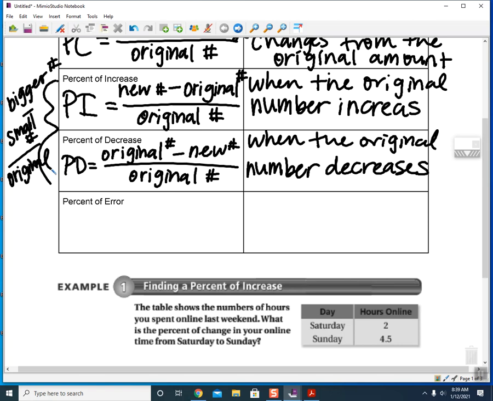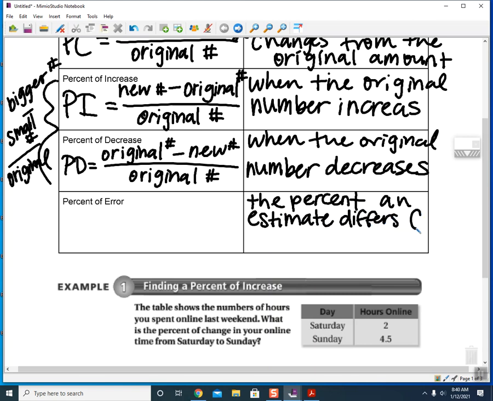Okay? Then we also have percent of error. So percent of error is the percent an estimate or a guess differs from the actual amount.